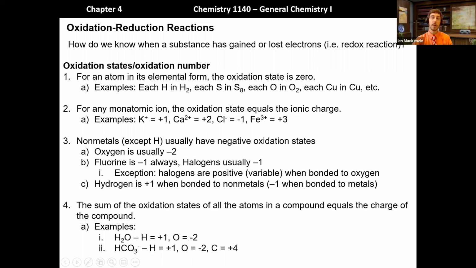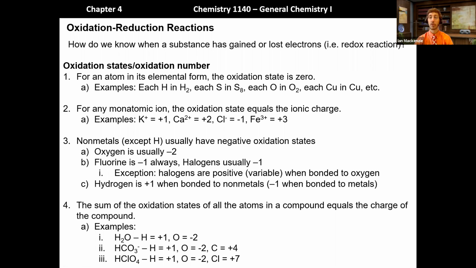So if each of my oxygens is -2, that gives me -6. I only have 1 hydrogen, that's +1, so now I'm down to -5. But my overall charge is only -1, which means that my carbon must be +4 in order to account for that. And that allows me to assign an oxidation state to each element.